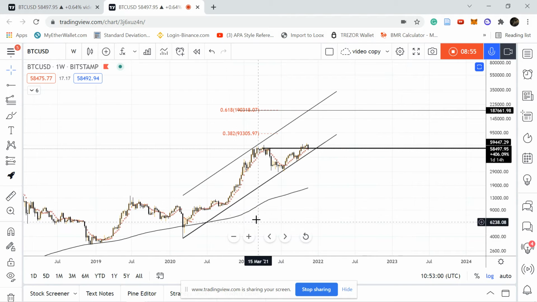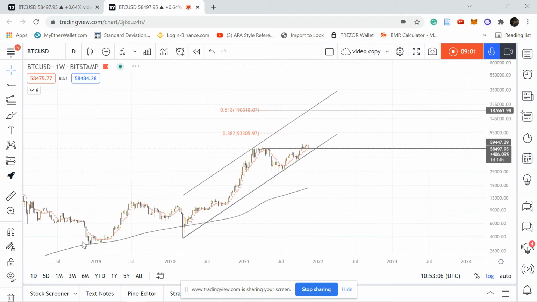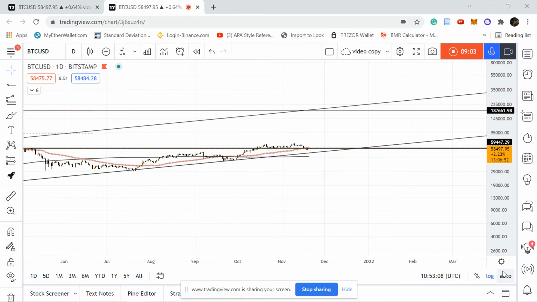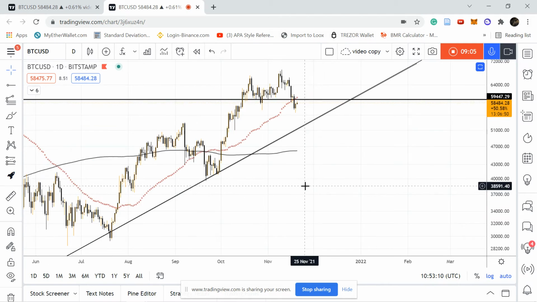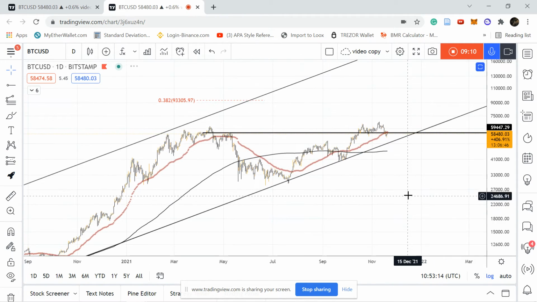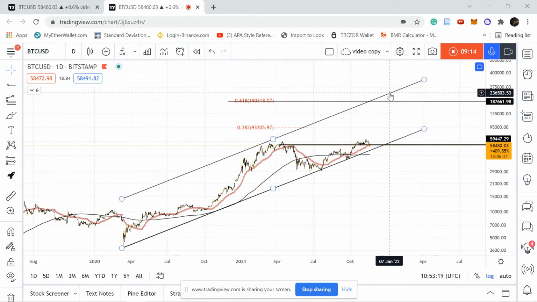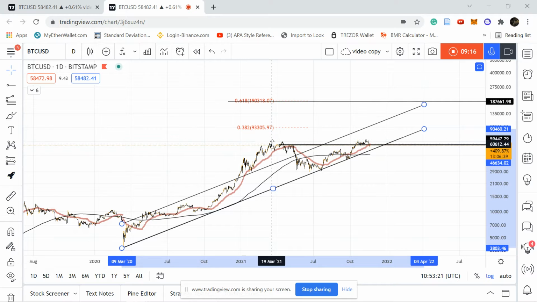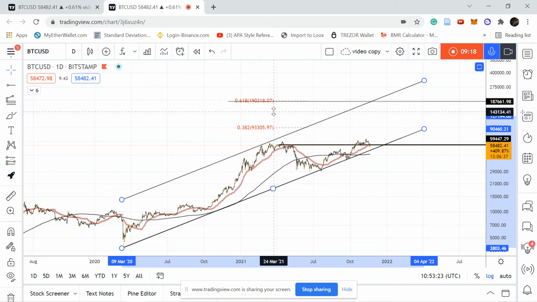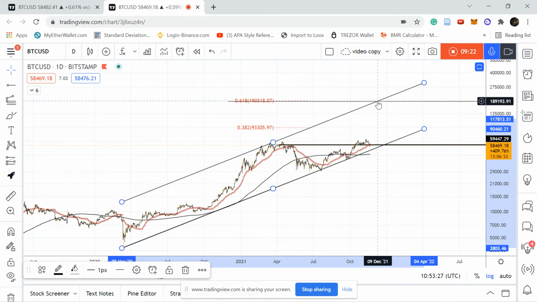Now, obviously, we did this using the weekly chart, but if we go lower, we will be able to be more precise. If we go on the daily, we can see that the channel is not touching properly, so we can adjust that. If we adjust it over here, we can see that we are touching around this area.